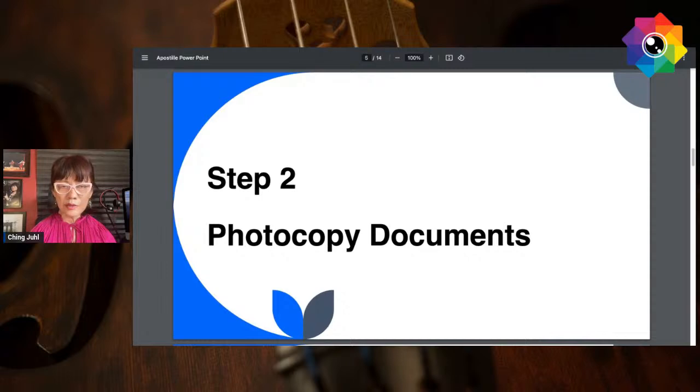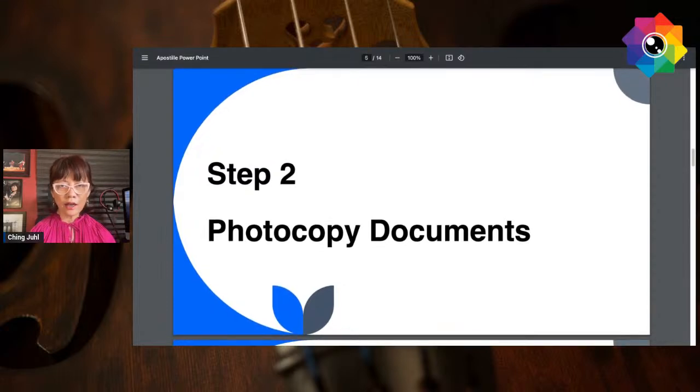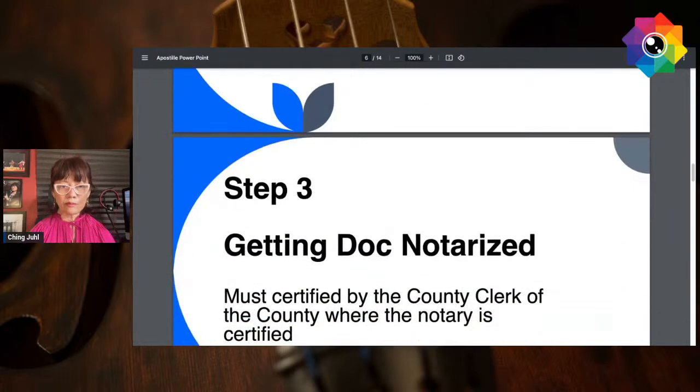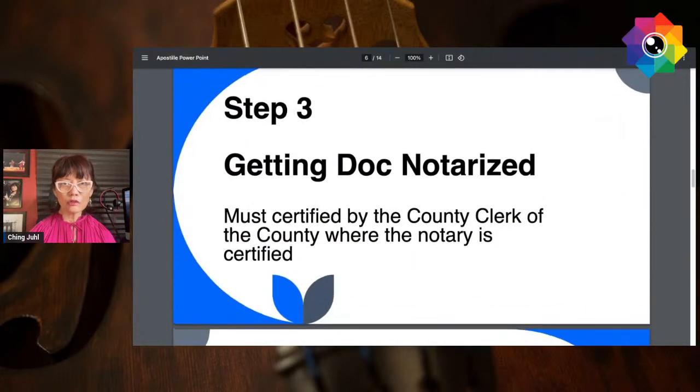Sometimes, like my lawyers in China, they want two copies per document. So everything two copies. You're going to make photocopies of your documents and bring them to the right office to notarize.